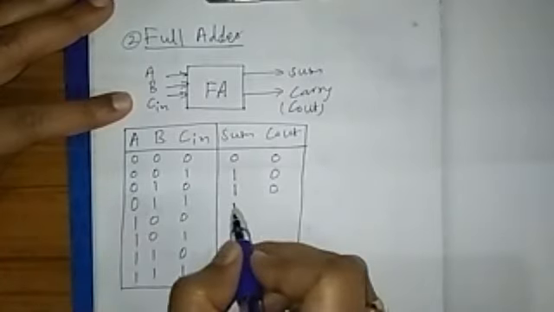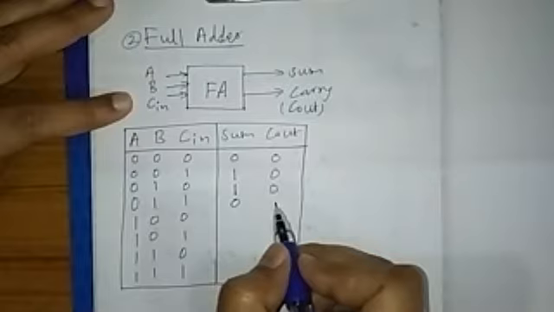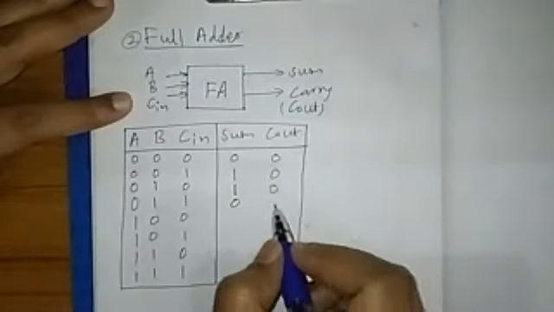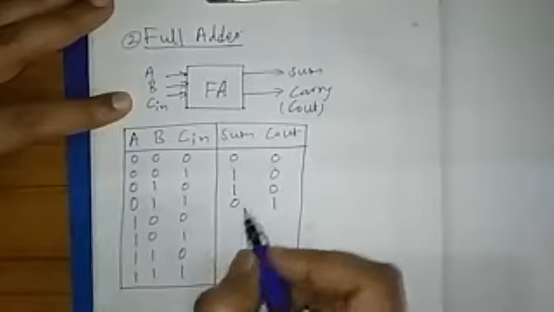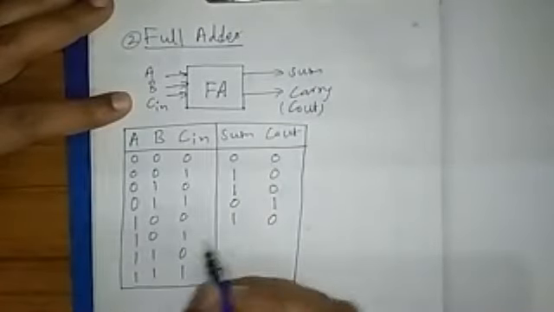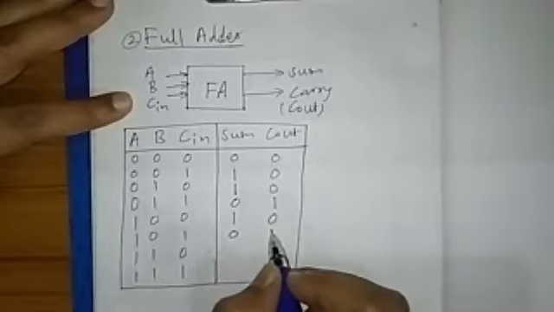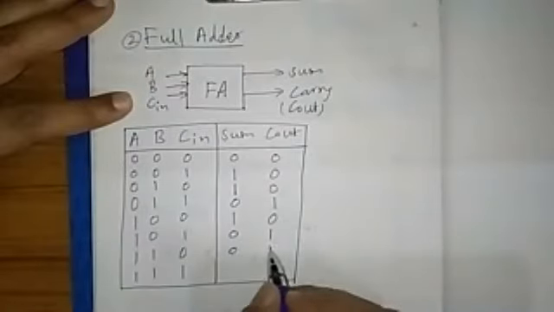Sum is 0 and carry is 1. Exactly. Now similarly 1 plus 0 plus 0, sum is 1, carry 0. 1 plus 0 plus 1, similarly sum is 0, carry is 1. 1 plus 1 plus 0, sum is 0, carry is 1.